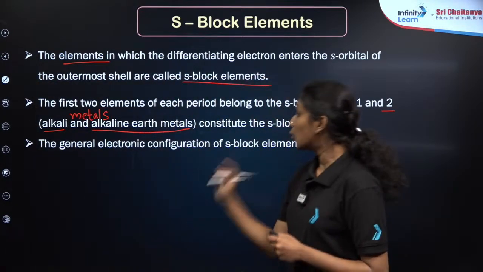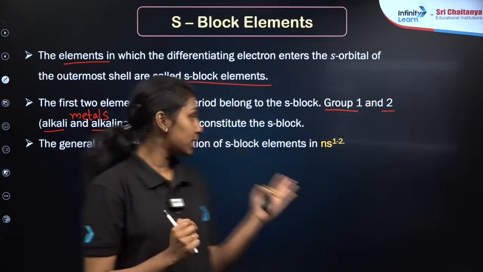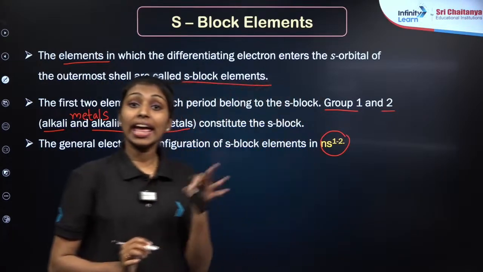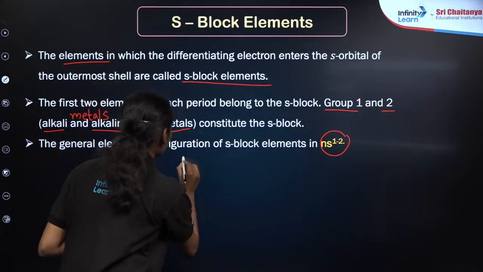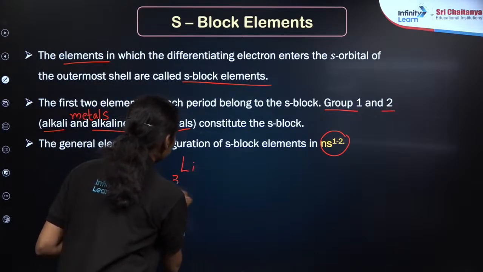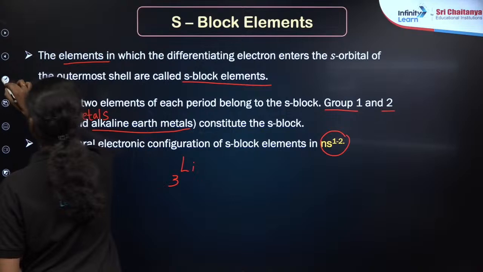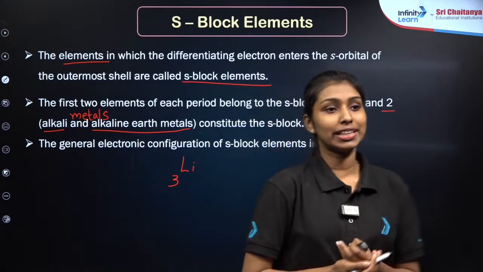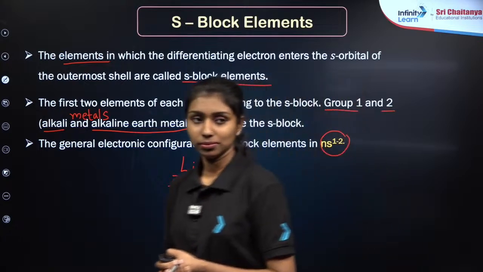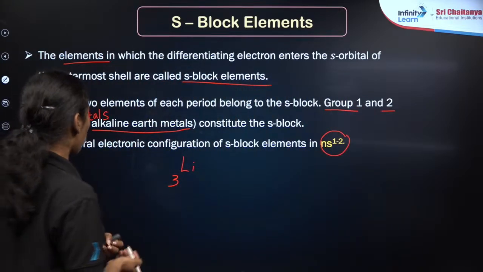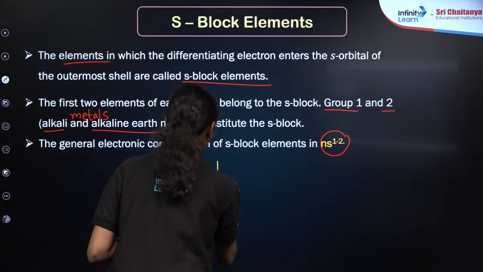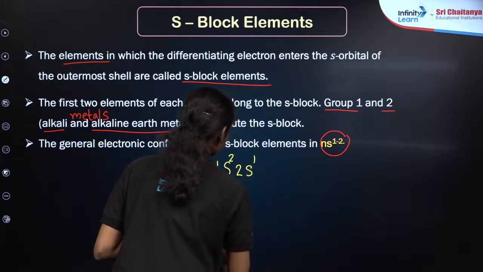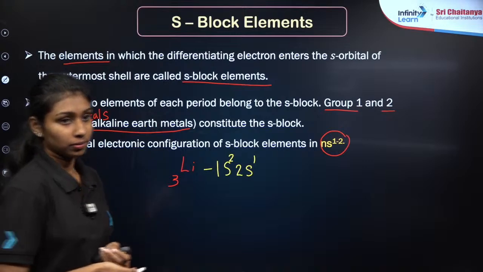Now, looking at the electronic configuration of these elements, the general electronic configuration of s block elements is ns1 to 2. For example, taking lithium, what will be the electronic configuration of lithium? 1s2, 2s1.